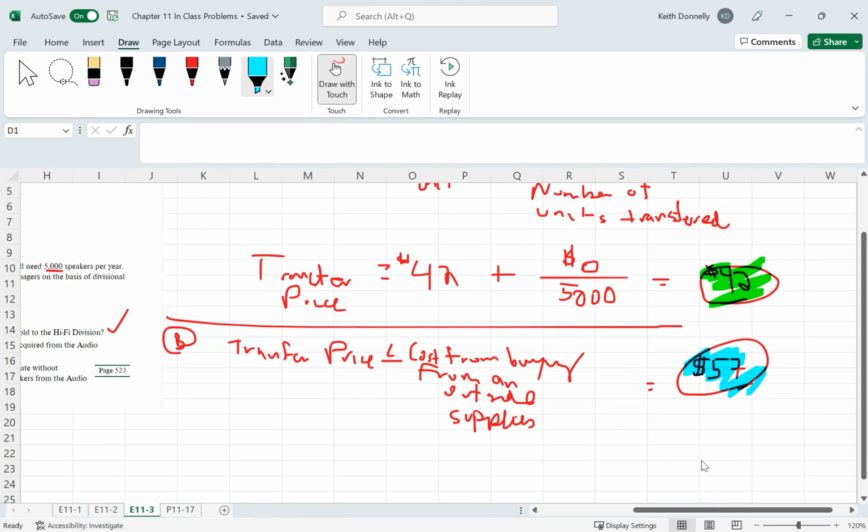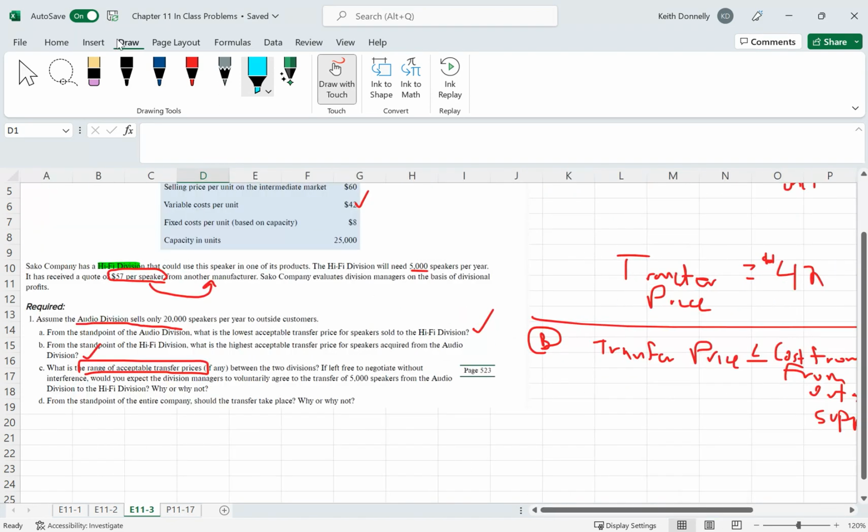And then we have the 57 bucks, which would be the maximum that the buyer would be willing to pay. So if we plug that in over here, we'll do C right here. We have $42, and it's got to be less than or equal to the transfer price here.